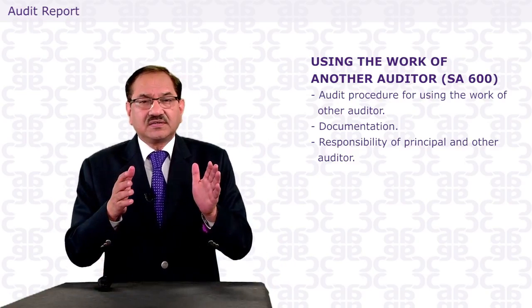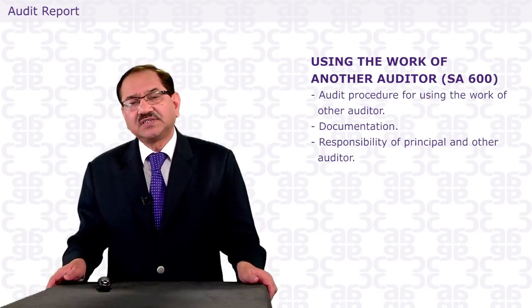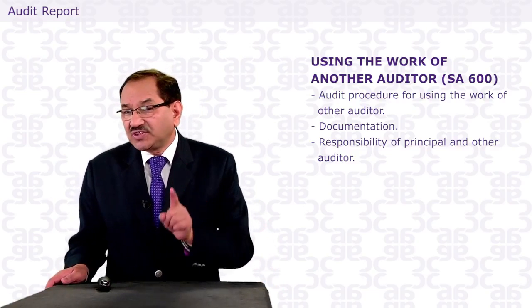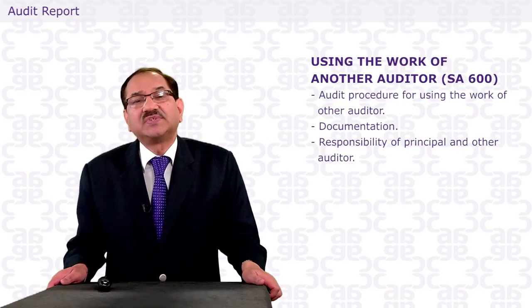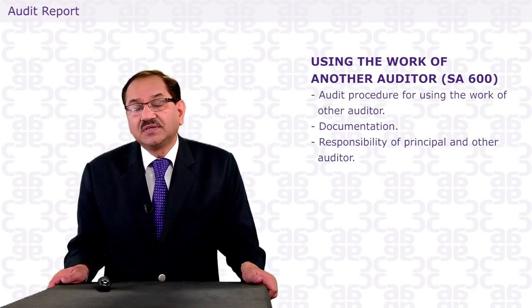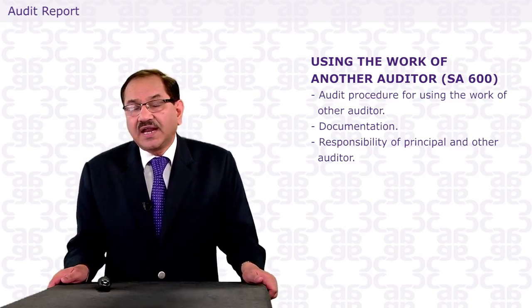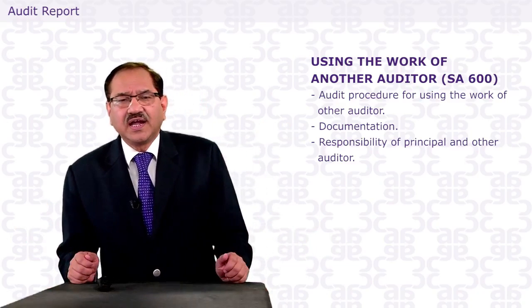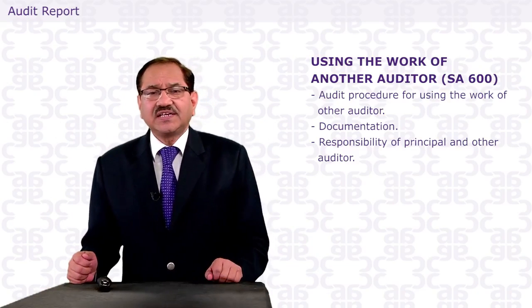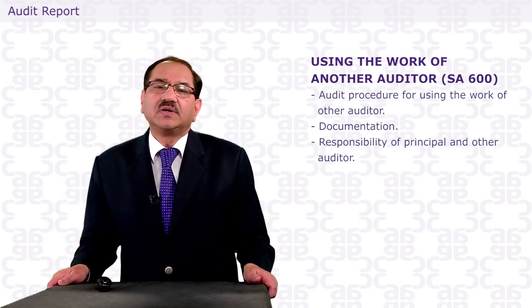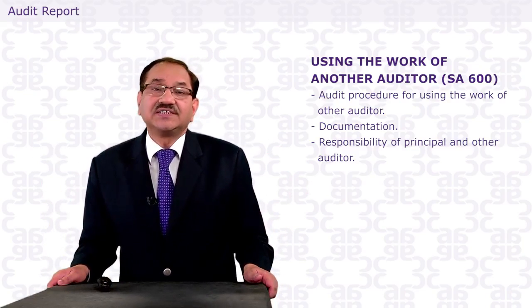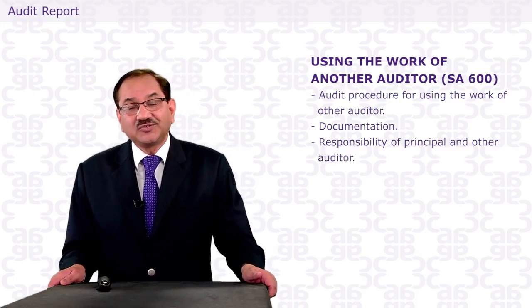The principal auditor is responsible solely for his 100% opinion on the financial statements of the company. And he cannot make an excuse that the branch auditors did not do good work and have not done a good audit, and that's why his opinion is affected. He can't say this. If it is so, then he has to rectify it first.